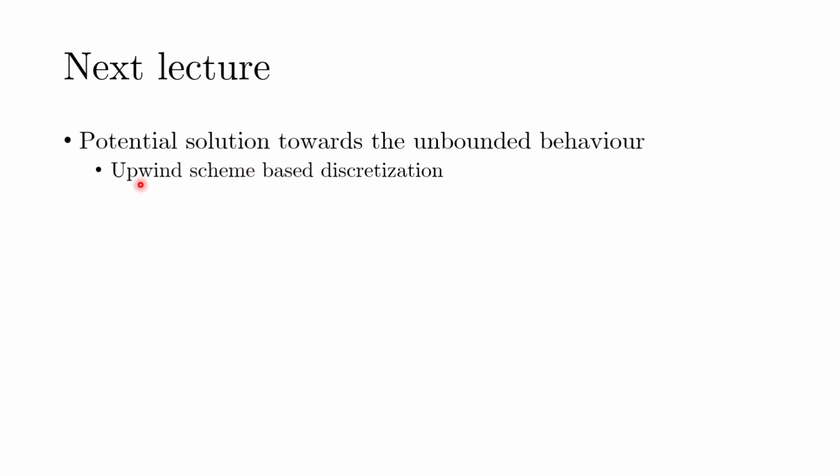We'll look at how we can use the upwind scheme to discretize this particular problem. The upwind scheme is very popularly used in a lot of CFD packages, and it's also very widely accepted in academia with appropriate modifications. We'll look at the basic upwind scheme, and see how it overcomes the unbounded behavior observed in the central differencing scheme.